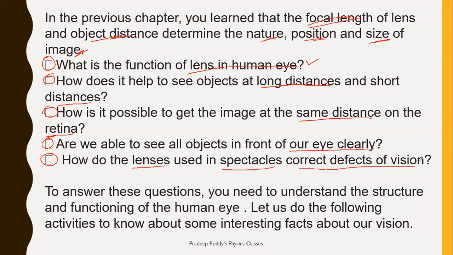About all those detailed things we will be discussing in this chapter. So all these questions we are going to answer, and we will be able to understand them by the end of this chapter, and it is an important chapter in class 10th syllabus.